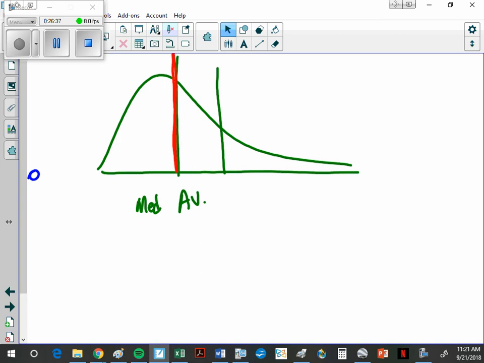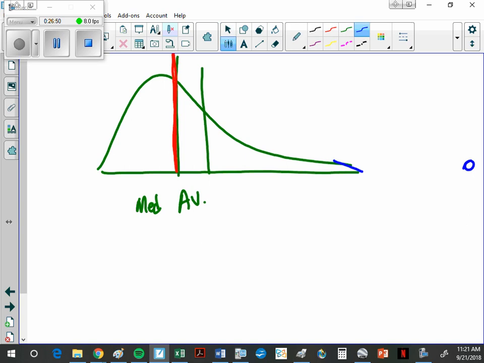The area is still the same, but my average is now going to bump to the left a little bit. Okay, and we're going to talk about outliers. If all of my people ended there and I have one person way up here, maybe I don't want to include them, or maybe I do. That's called an outlier, and we'll talk about outliers later.